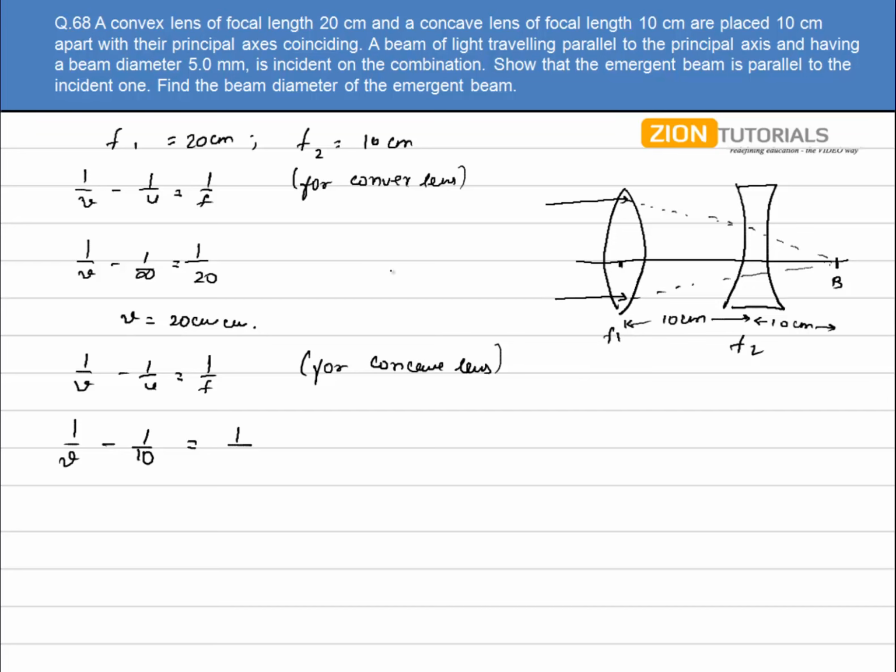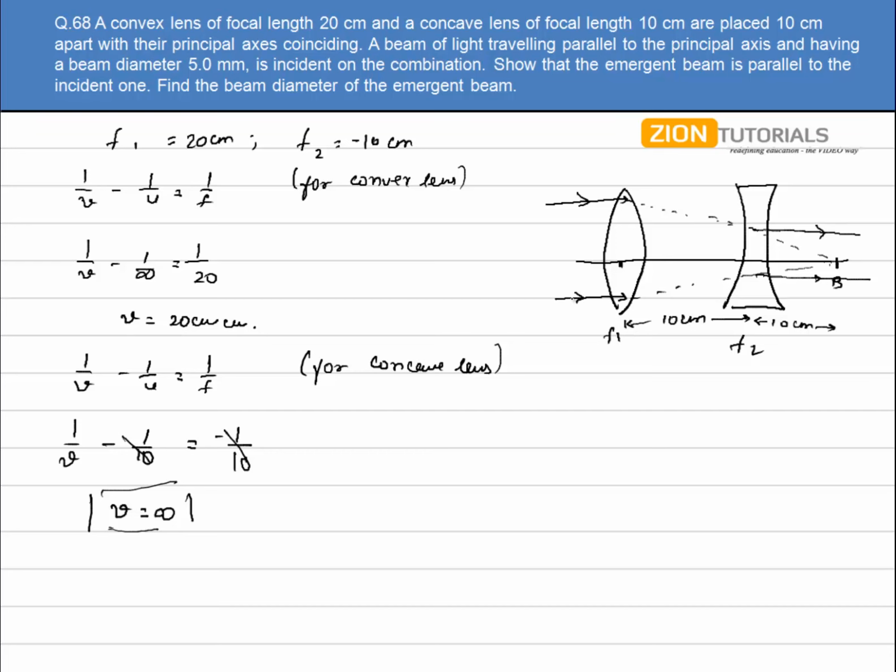Now the focal length will also be negative because it is a concave lens, so it will be minus 1 by 10. So both of them are cancelled. The value of v comes out to be infinity. So if v is infinity, then the rays will be diverged like this. Alright, now these are again parallel to the incident beam. So the first part is clearly proved that the emergent beam is parallel to the incident one, and that is parallel to the principal axis.